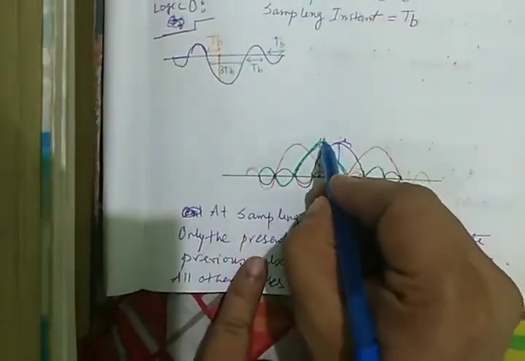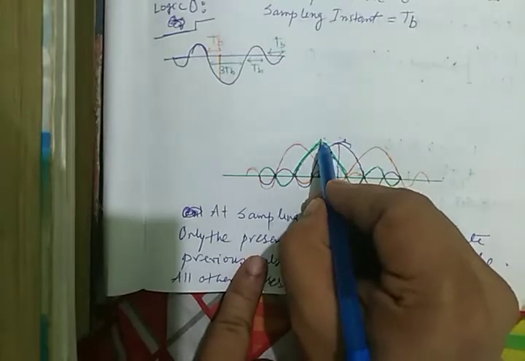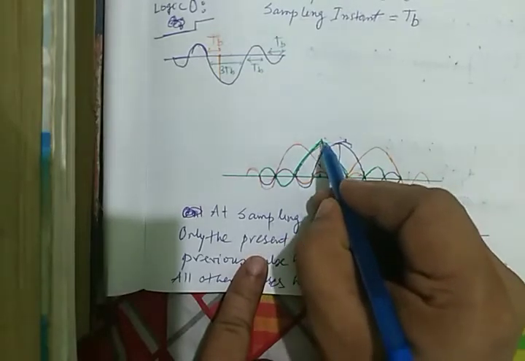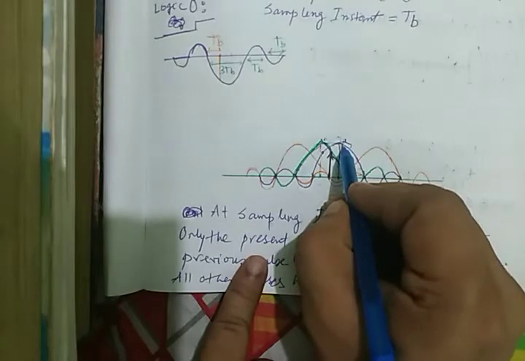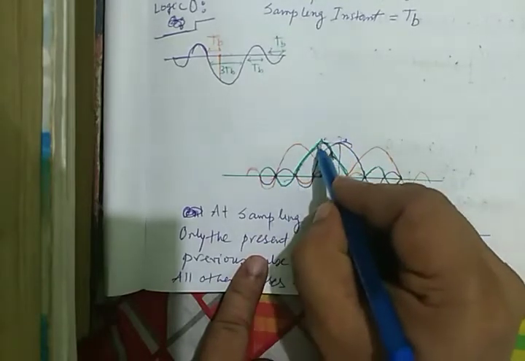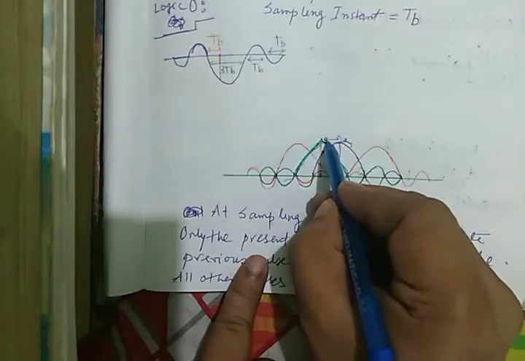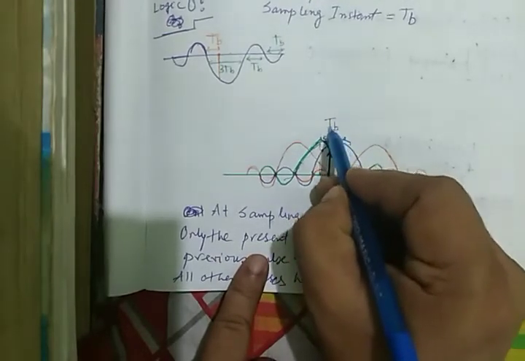First thing we have to note is that when we transmit one pulse, after how much time do we transmit the next pulse? Once we transmit one dual binary pulse, the next pulse is transmitted after a time Tb.